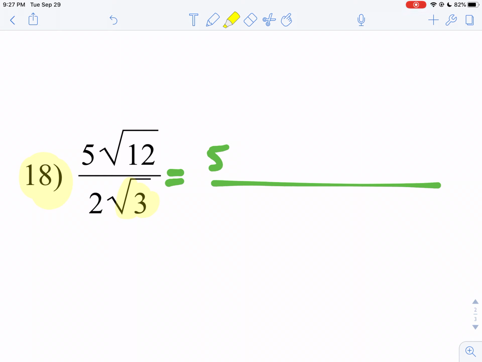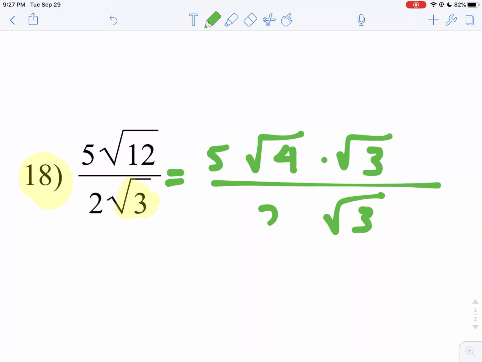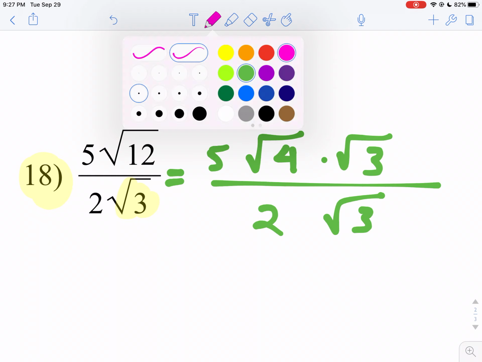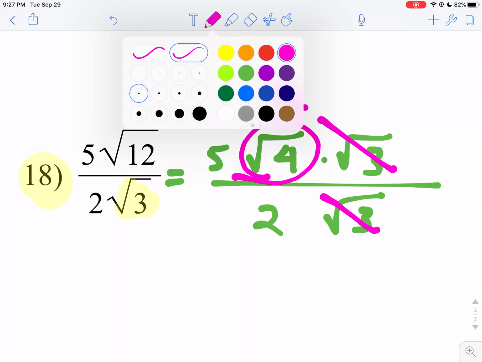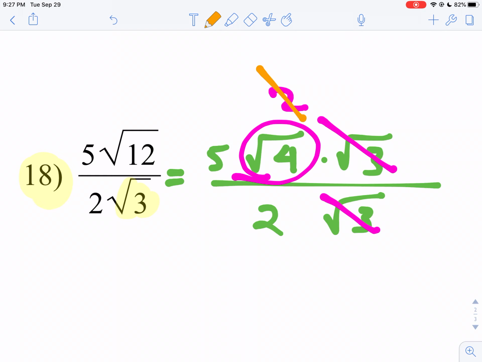So I know that radical 12, I can rewrite as radical 4 times radical 3, and I want a radical 3 because eventually I want to cancel them. Once you rewrite, you can cancel right away. You know that radical 4 is a 2. So therefore, you can also cancel more. You can cancel that 2 and this 2. So this ugly problem turns into a nice 5.